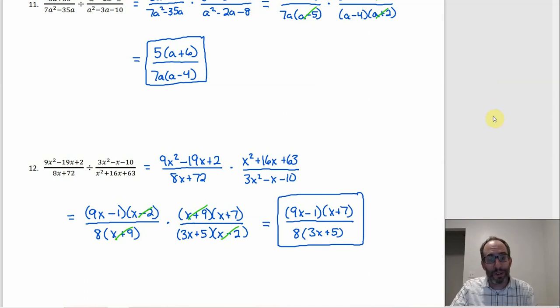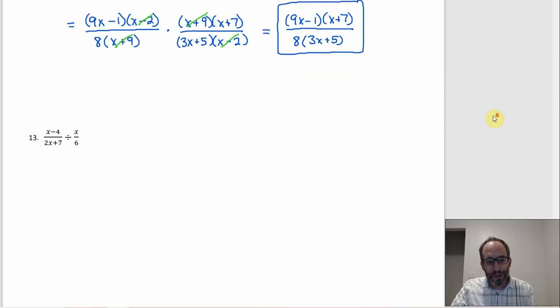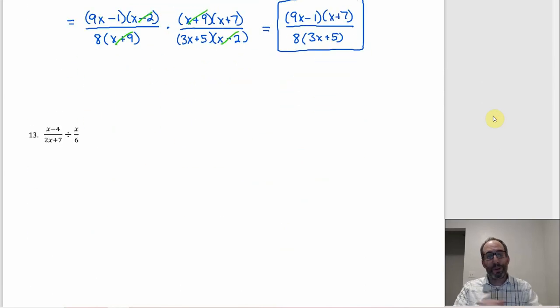Speaking of things that don't work out the way you want them to, number 13. If we were going to do what we've always done, which, well, always being the past 10 minutes, we're going to multiply by the reciprocal. So, all right, fine. x minus 4 over 2x plus 7 times 6 over x.